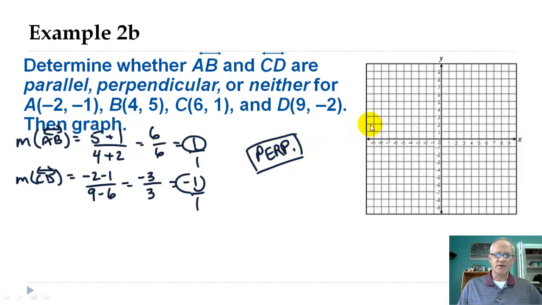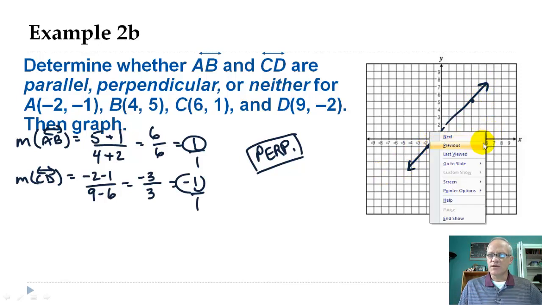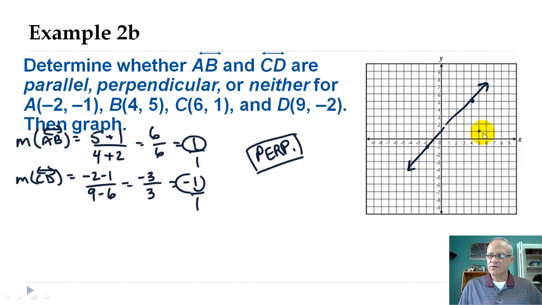Well, let's graph them to take a look. So -2, -1, and 4, 5. That's a line. And then 6, 1, and then 9, -2.